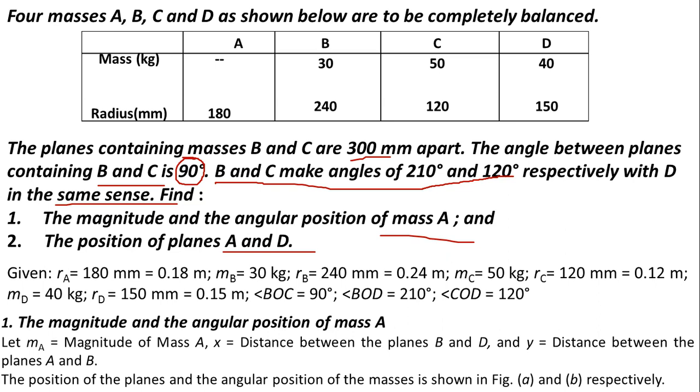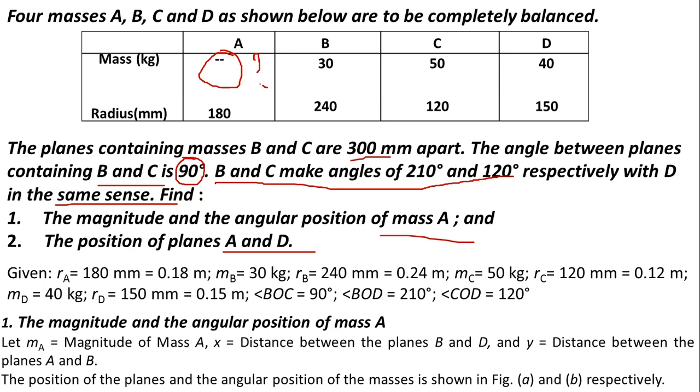Here, how many planes are there? Only 4 planes. Last time you took 4 planes which were given, and apart from that we had 2 more planes for balancing, so there were 6 planes, but in this problem only A, B, C, D are there.